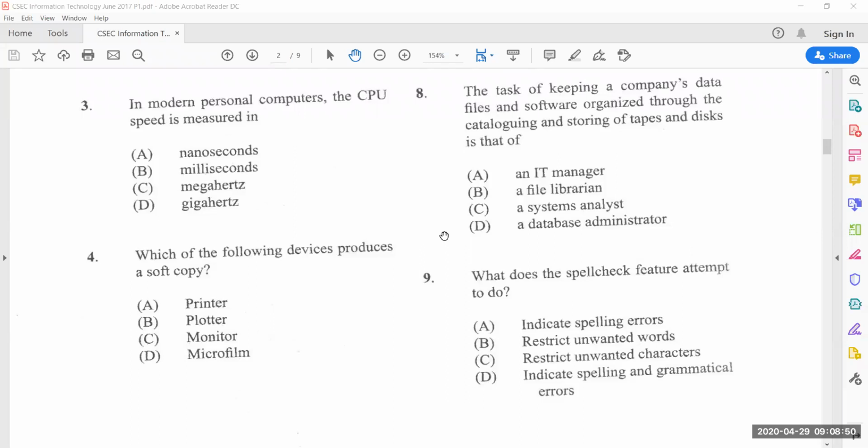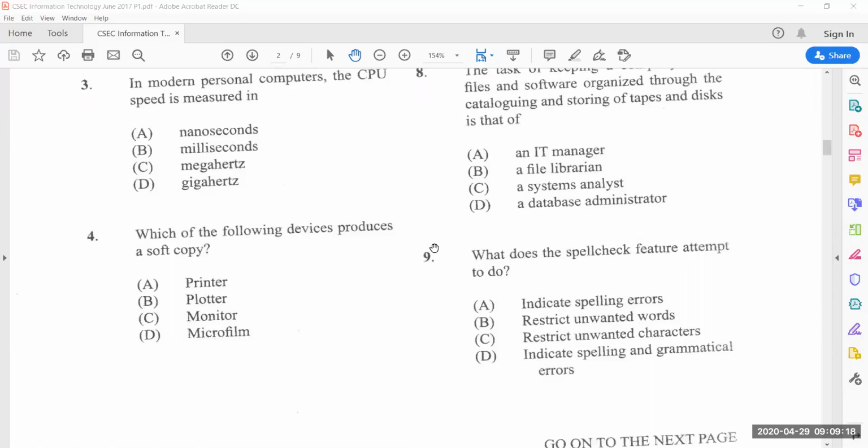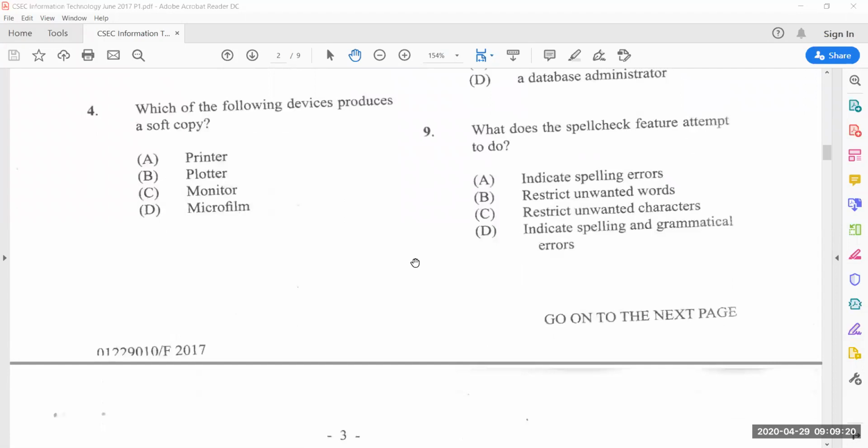We have an IT manager, file librarian, systems analyst, and database administrator. So is it D? Database, no. The answer is B, the file librarian. Key things to look out for here is cataloging, which is similar to in a library. Okay, we have books being stored.